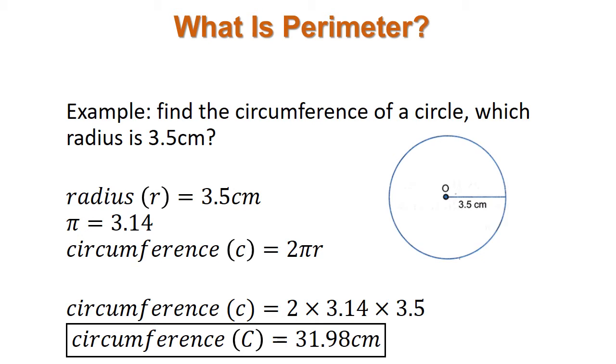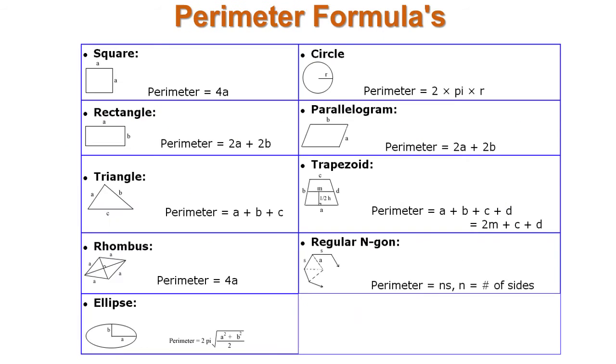Circumference equals 2 pi r. So here 2 into pi, the constant value 3.14, into 3.5, the radius is 3.5. We will multiply this, we will get 21.98 centimeter.